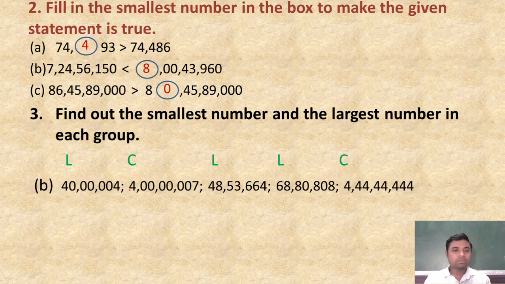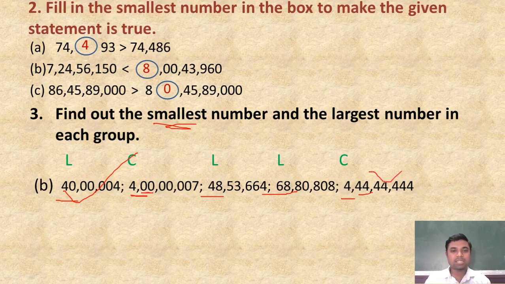Among them, which is smallest? Obviously lakh will be smallest, then crore. Here 40 lakh, 48 lakh, 60 lakh. So the smallest one is this. And the largest one: here 4 crore, here 4 crore, but 0 lakh, while here 44 lakh.